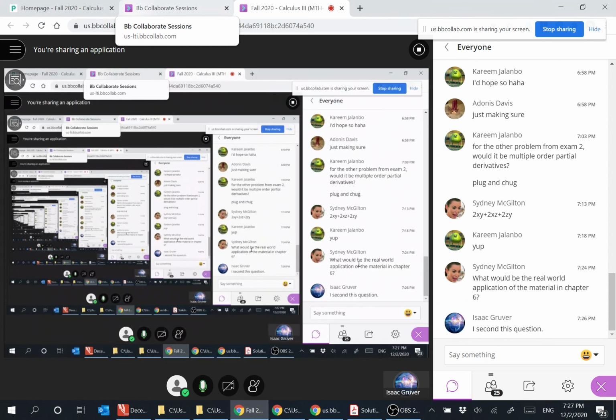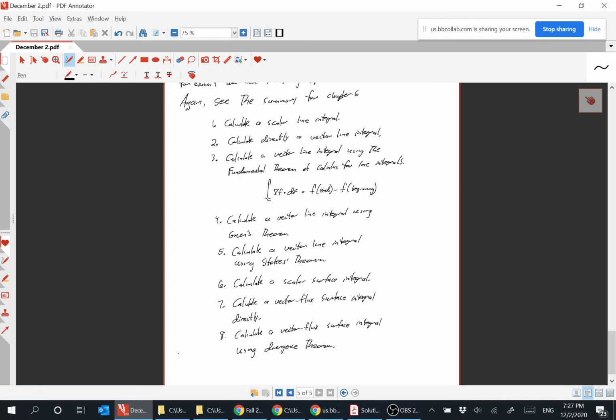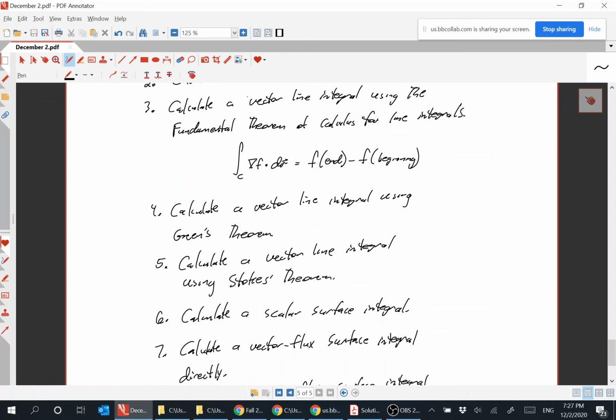I second this. The line integral, the vector line integral, is used to calculate... So you have a vector force field.